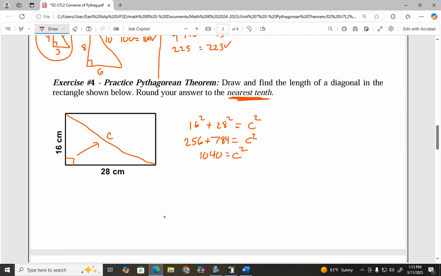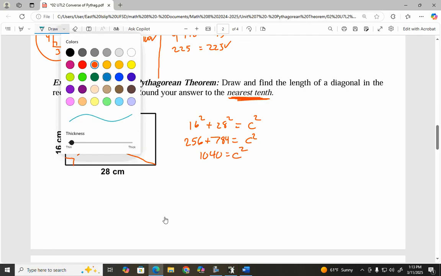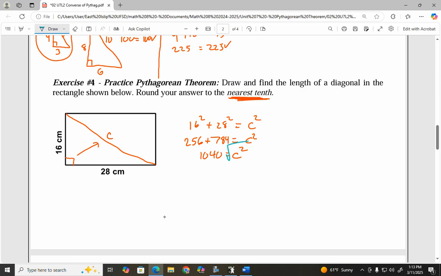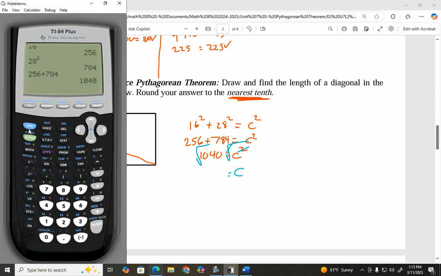Remember, we're not done now. That's what c squared is. So now you square root each side, because the square root crosses out the square. The square root of 1040 rounded to the nearest tenth would be 32.2.